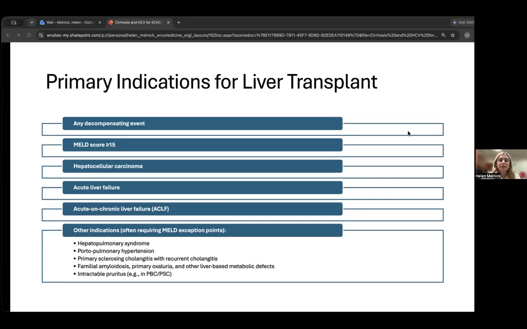Other indications require MELD exceptions because their numbers are not going to be as reflective with these conditions: hepatopulmonary syndrome, portopulmonary hypertension, PSC with recurrent cholangitis, familial amyloidosis, primary oxaluria, and other liver-based metabolic defects.